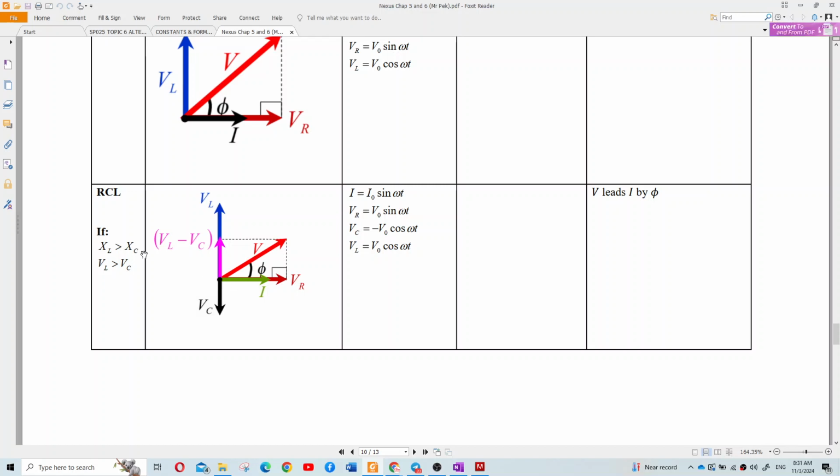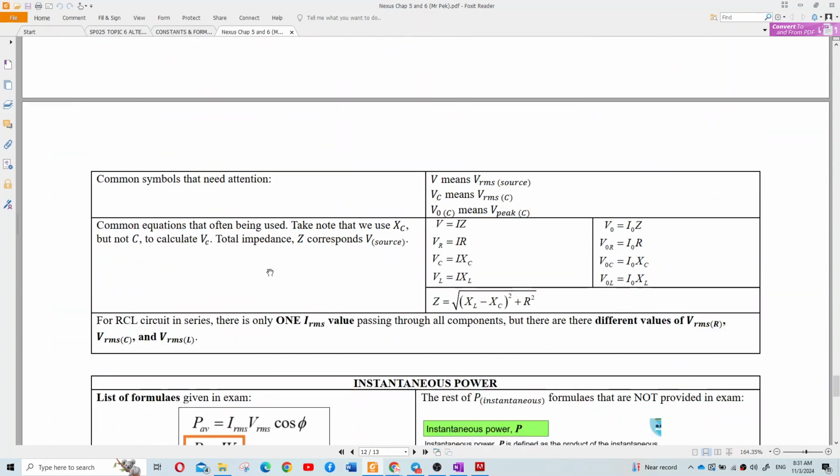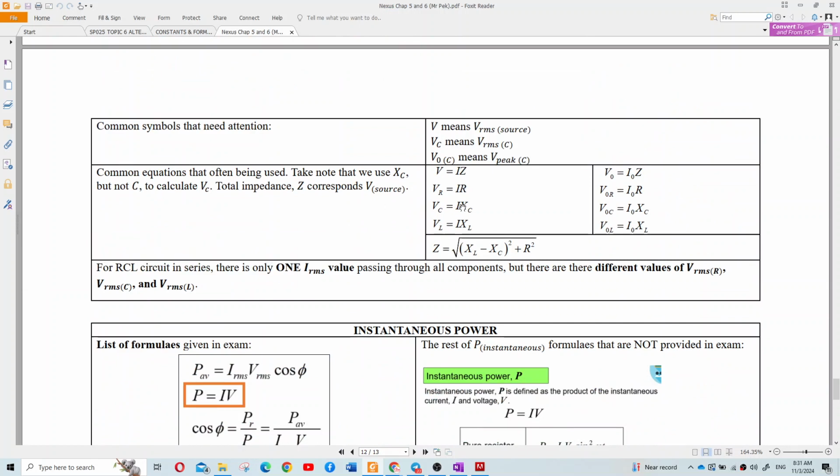So for RCL we have three conditions. Maybe the first one is XL bigger than XC. Before we move on, XL is like resistance.